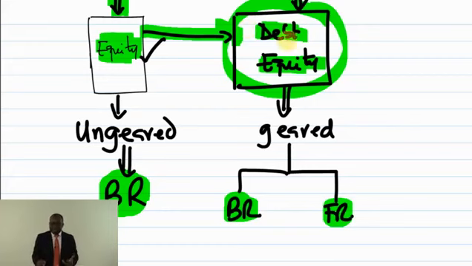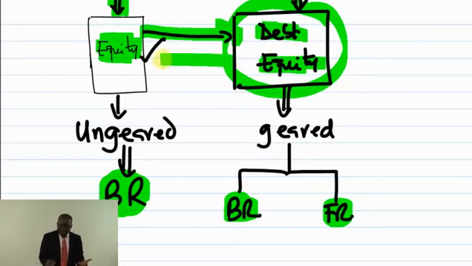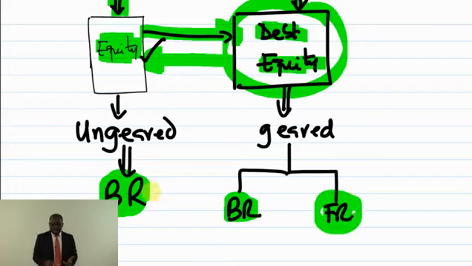If we pay off the debt and it's left with only equity, then I am moving from geared to ungeared. Calculate your current WACC and calculate your revised WACC. Because I have paid off the debt, my financial risk is gone. Now I will face only business risk.